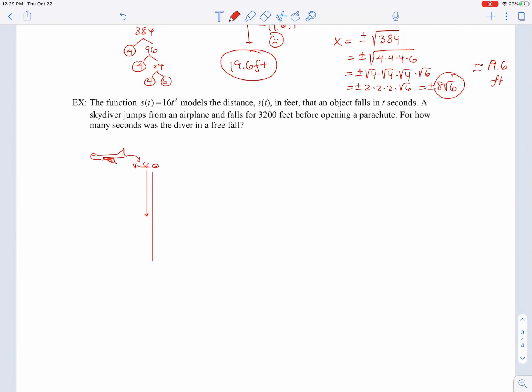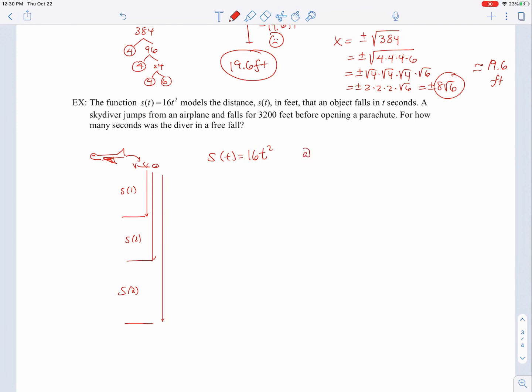over time is going to change. And this is the distance he falls after 1 second, and the distance he falls after 2 seconds, and the distance he falls after 3 seconds. So this formula, s of t equals 16t squared, will tell you how far you fall in a certain amount of time.